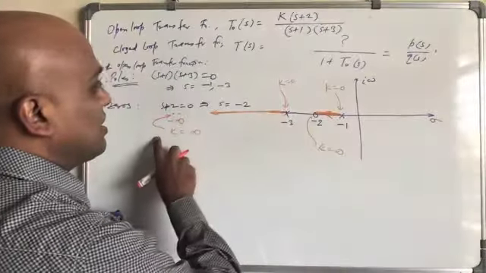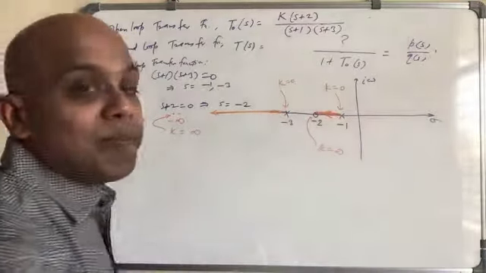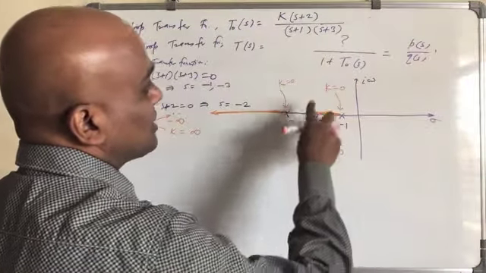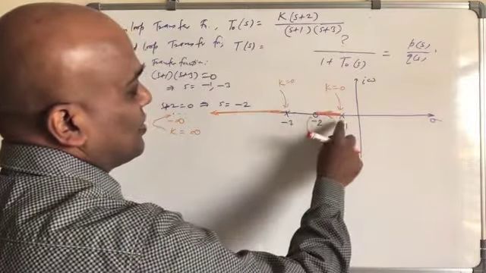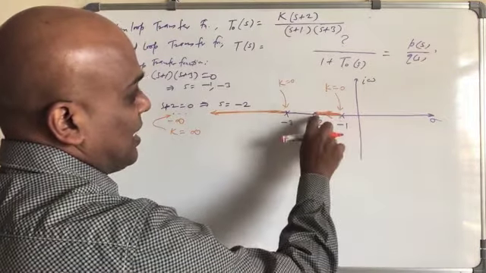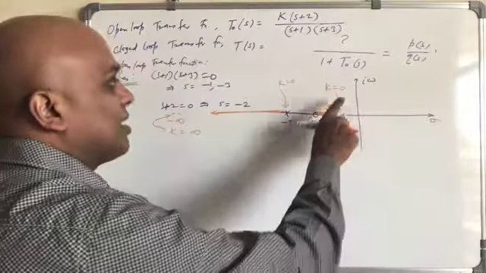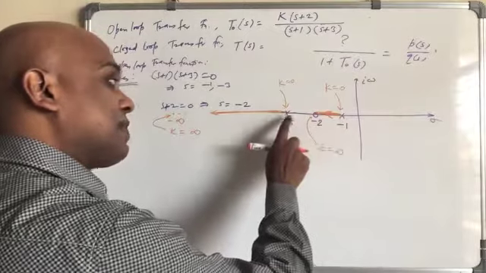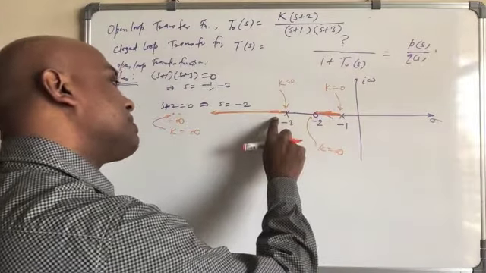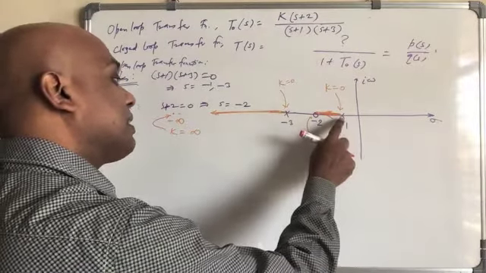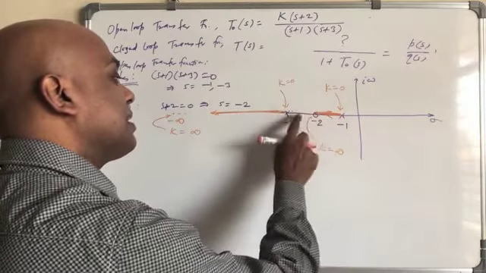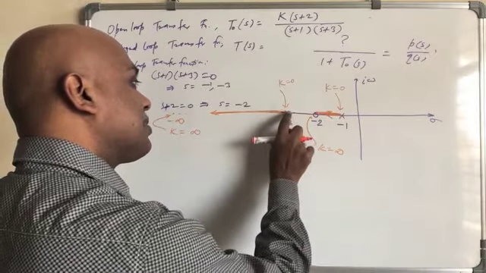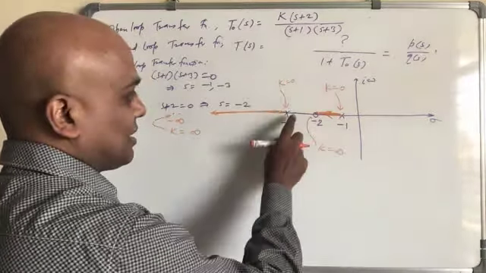So k goes from 0 to infinity. Why did it happen? Because we have 2 poles and only 1 zero. As we talked earlier, the root locus will start from the poles and end at the zeros. But when you have 2 poles, the second pole will go backward.